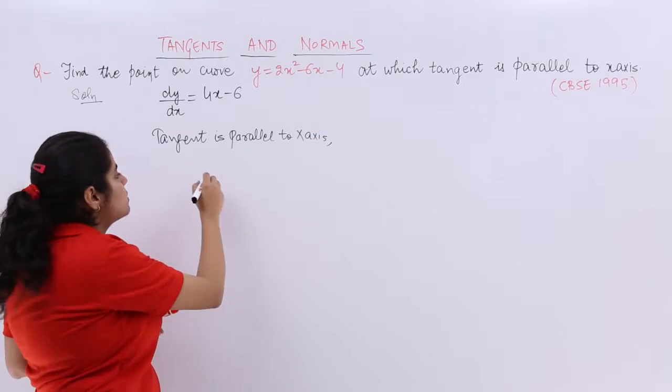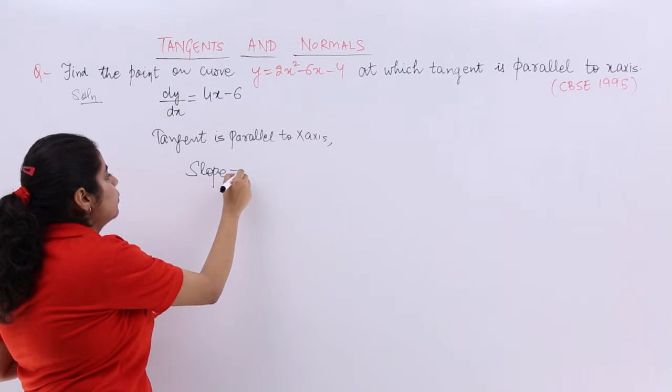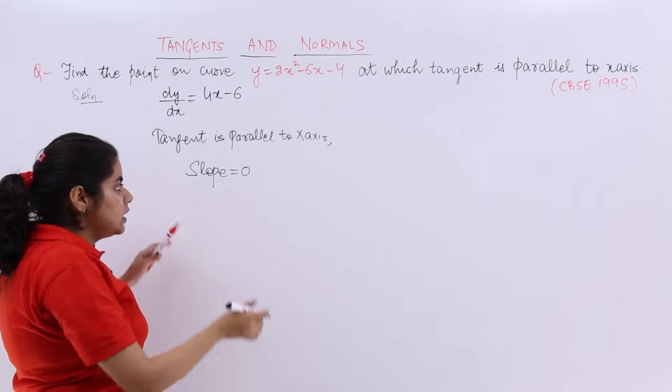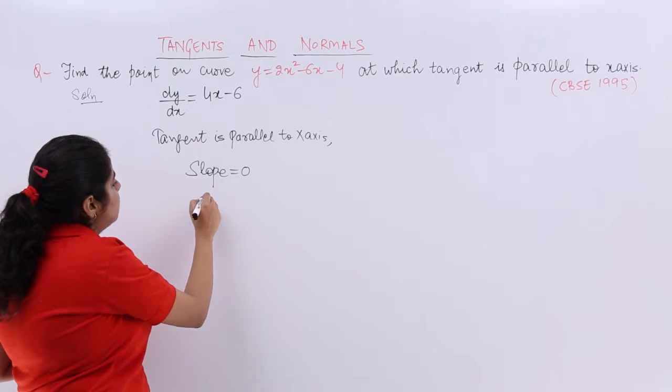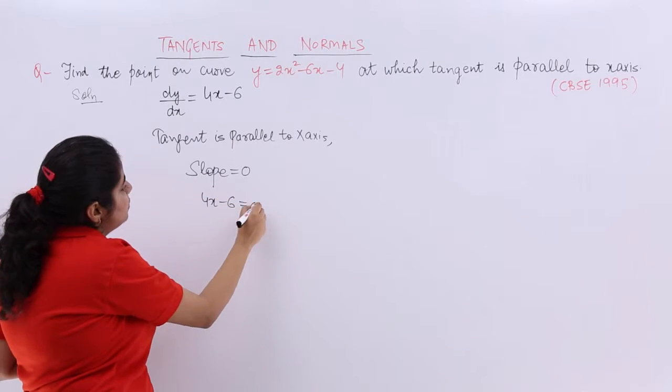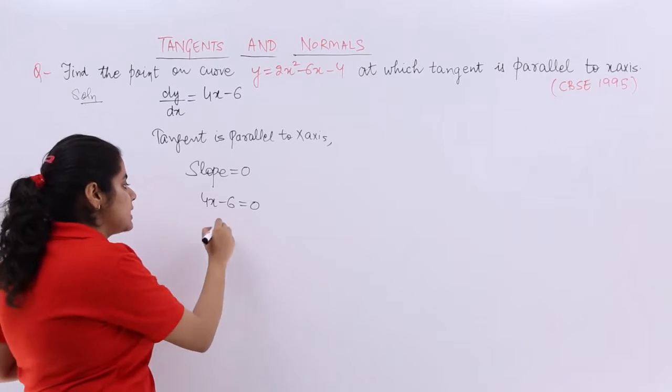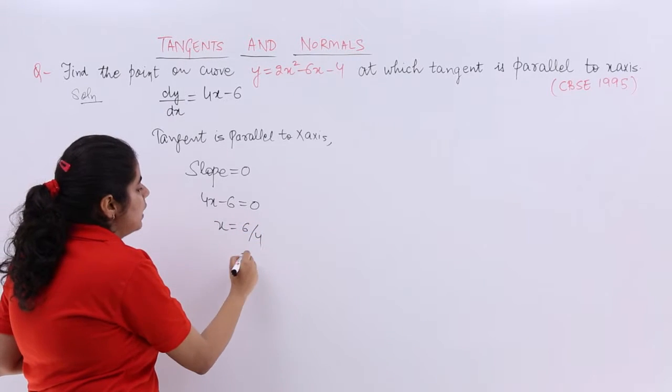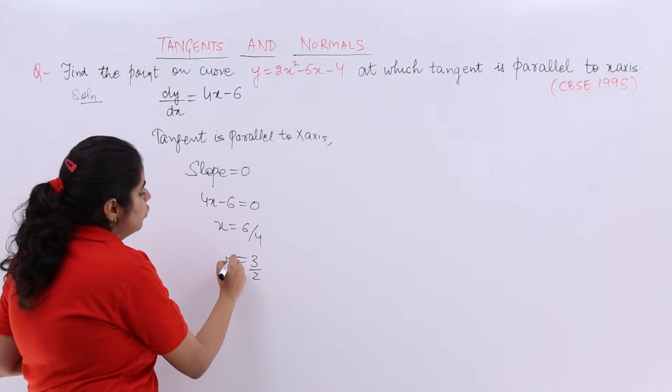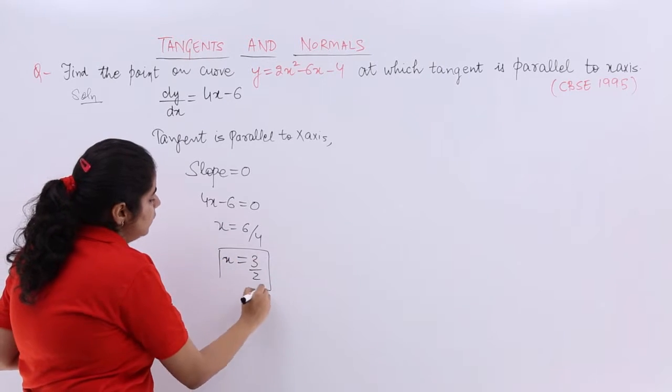It means my slope is going to be 0. When my slope of the tangent is going to be 0, that means 4x minus 6 is going to be 0 because it is nothing but dy by dx. That means x is going to be 6 by 4 or 3 by 2. That is your x value that you have got.